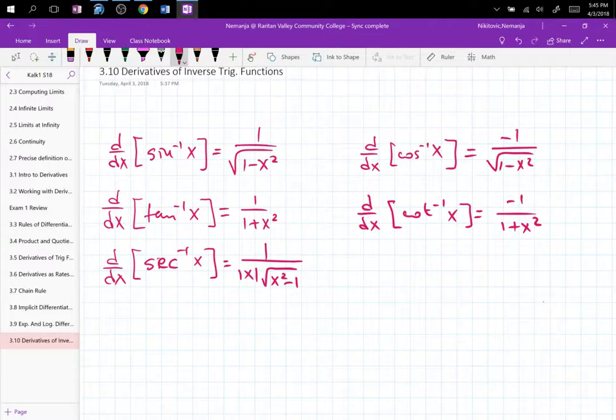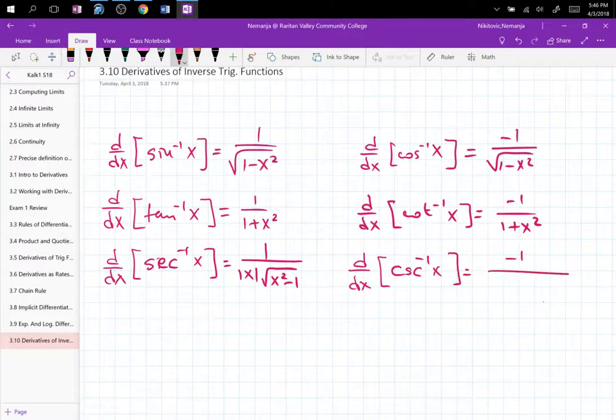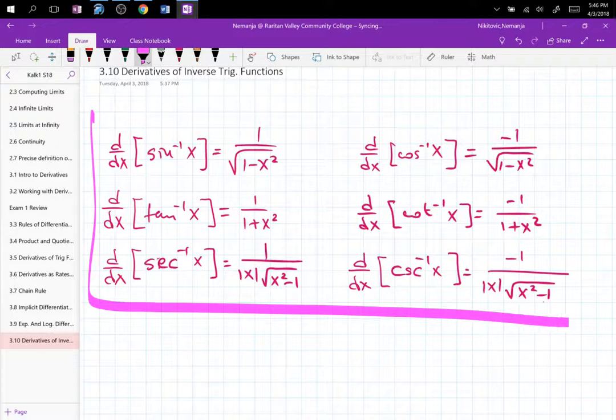You can see they are the same, except these are negative. And then d/dx of cosecant inverse of x is negative 1 over the absolute value of x times the square root of x squared minus 1. These are the basic formulas.